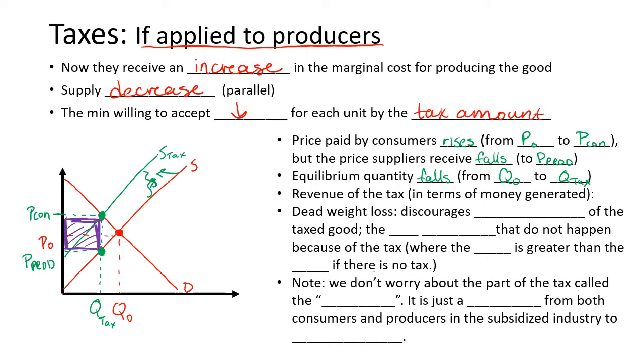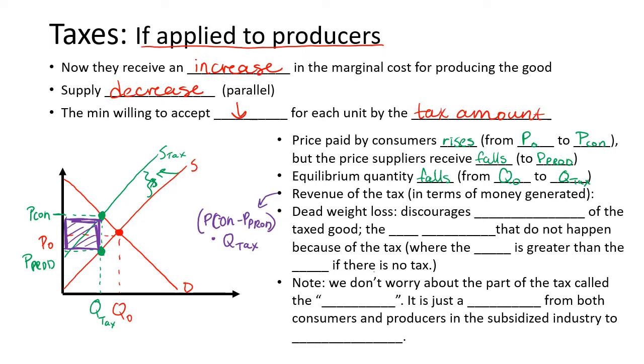The revenue for the government, I didn't leave myself enough room to write this out, so I'm going to write it over here. It's the difference between the consumer price and the producer price times the number of units in our tax.